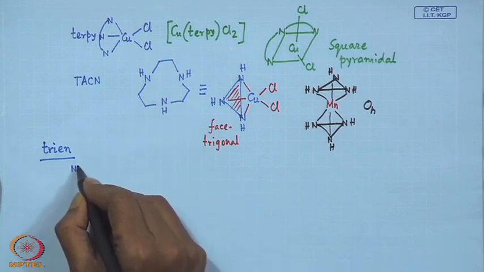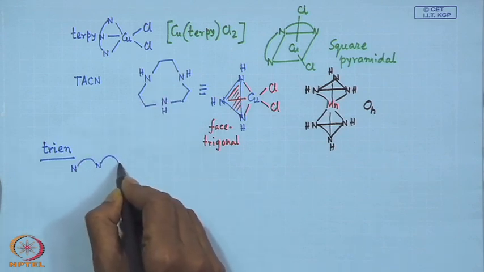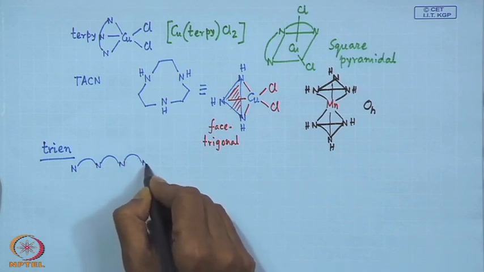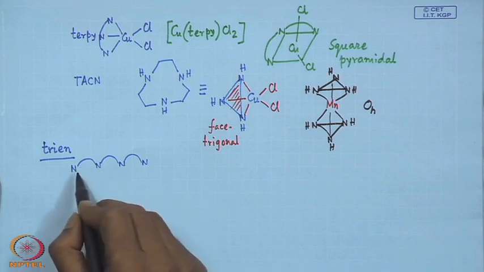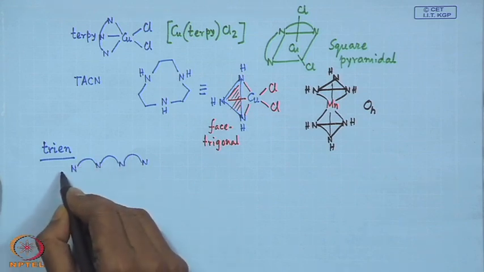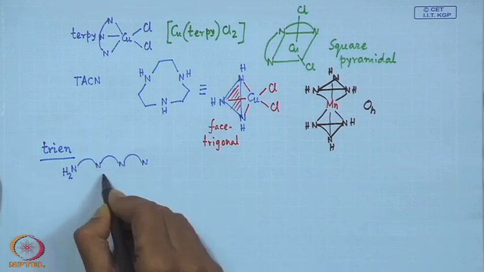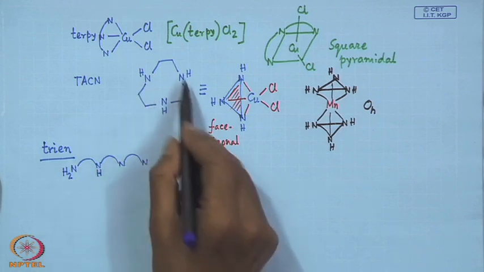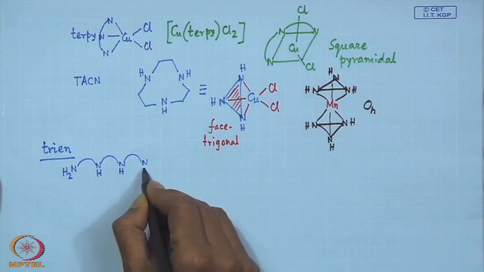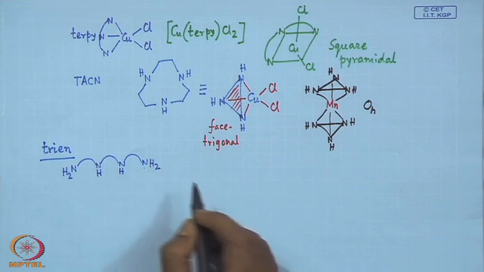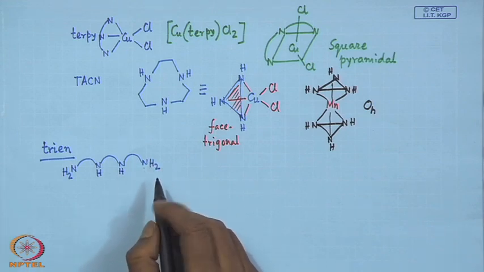Now, we can have the triethylene tetramine molecule, sorry, using this backbone of diethylene triamine, which is one more extension of the ethylene backbone.